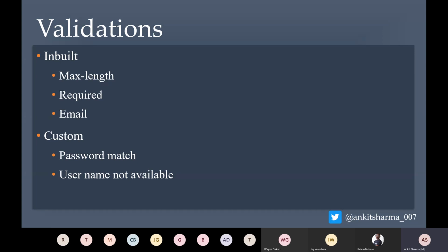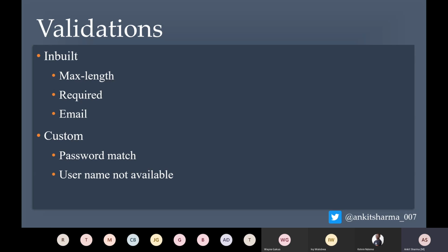For today's demo, I will be using two kinds of custom validation. One is password match, where we will have two fields, the user will enter data in both, and we will see if the data entered in both fields is the same. The second one is username not available.